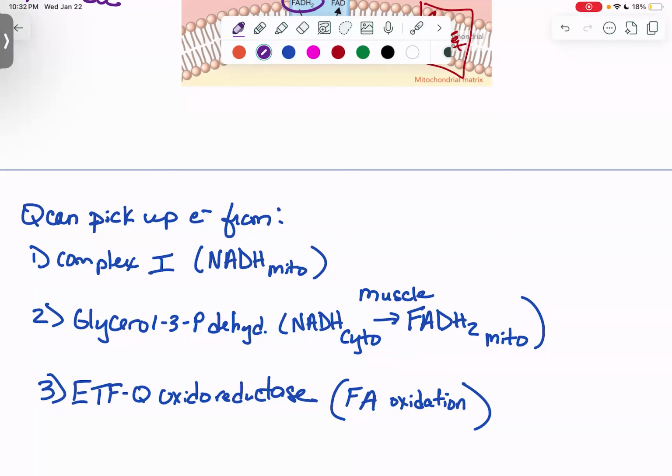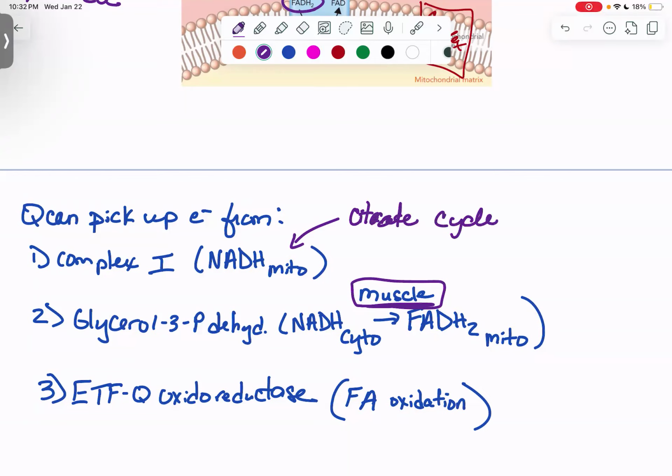Q can also get electrons from our glycerol 3-phosphate dehydrogenase. And we know that this happens in muscle tissue, right? Whereas in complex 1, the NADH could come from, let's say, the citrate cycle.